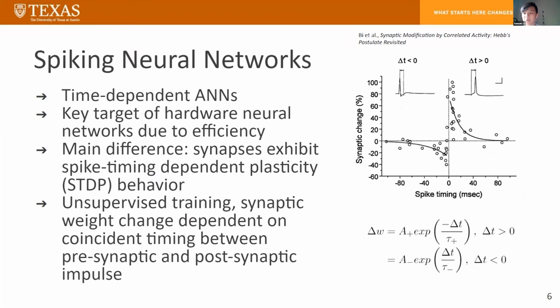The main requirement for these networks is that synapses display spike timing dependent plasticity, or STDP behavior, where the synaptic change depends on the timing difference between a presynaptic and postsynaptic pulse. And this is a form of unsupervised learning. From the graph, you can see that if the pre comes before the post, there is a positive change in conductance, and if the post comes before the pre, there's a negative change, and there's some exponential behavior with regard to the timing.